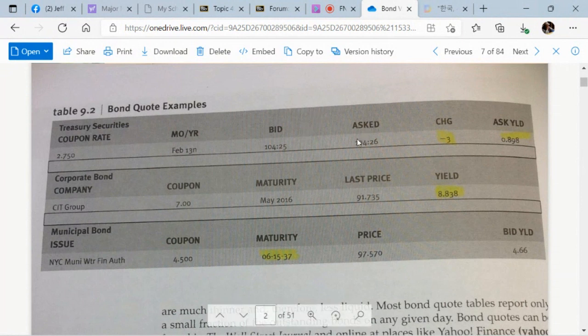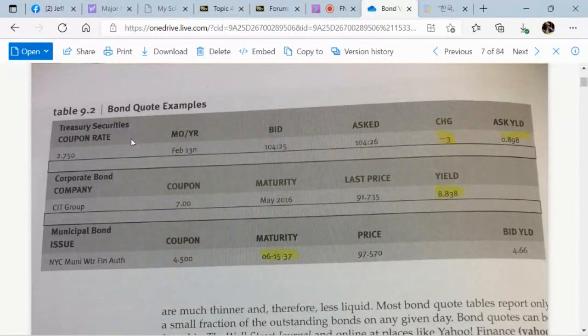And because of those two prices, the column for Treasury is a little different. But first, it says Treasury securities, and remember we talked about this already in the first topic.